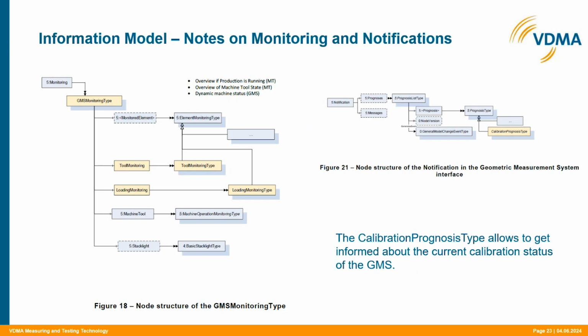What is new here and essential for a GMS is that the machine which you use for measurement is calibrated, because this calibration tells you that the characteristic that you have measured, this quality data, is really sufficient and valid. So what we implemented was a calibration prognosis type, which is essential, especially for the GMS.